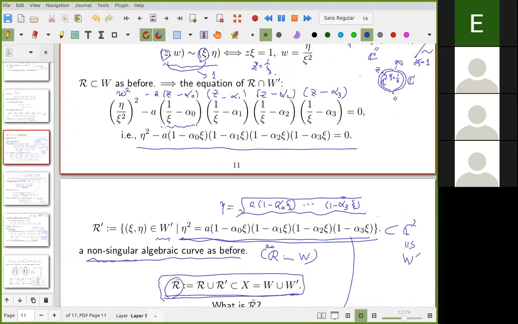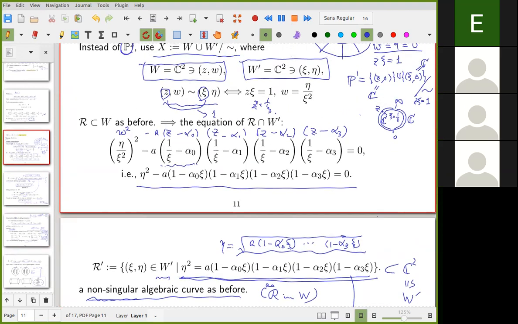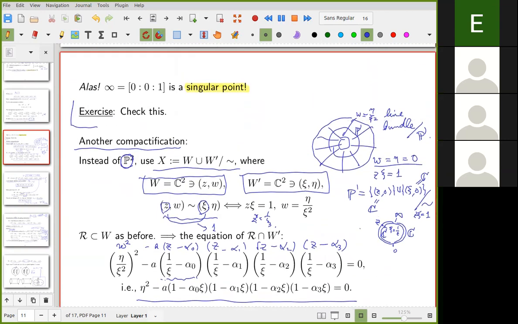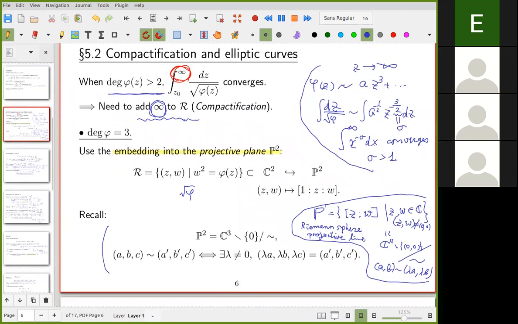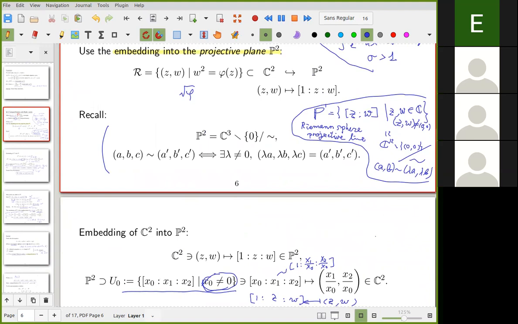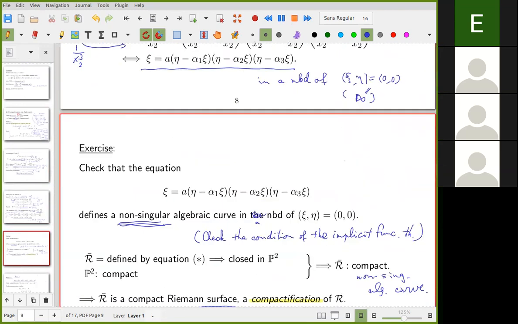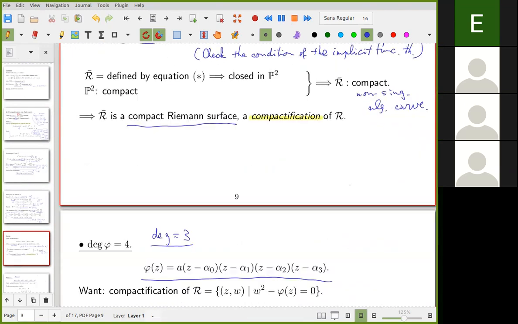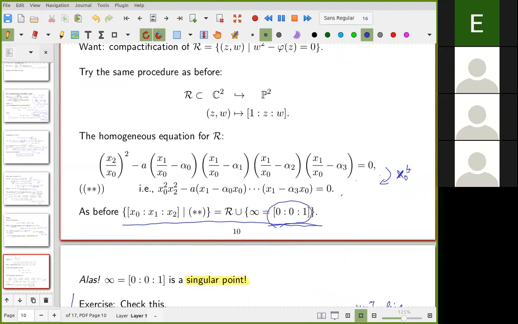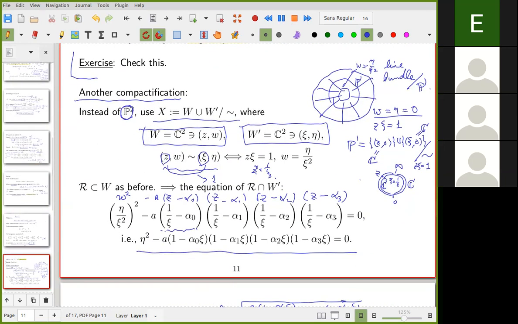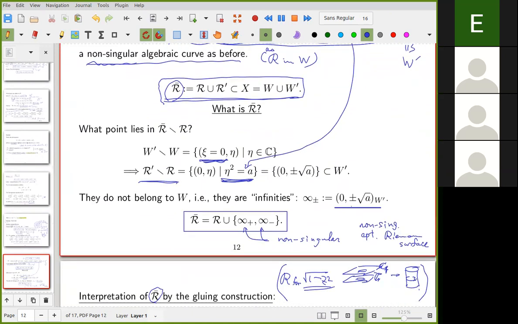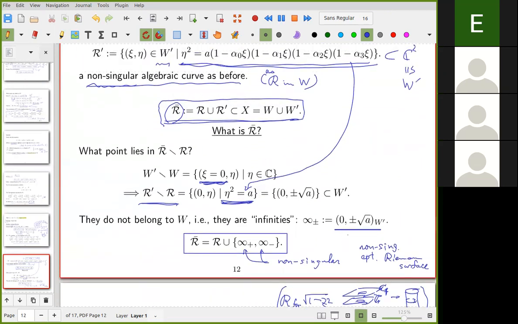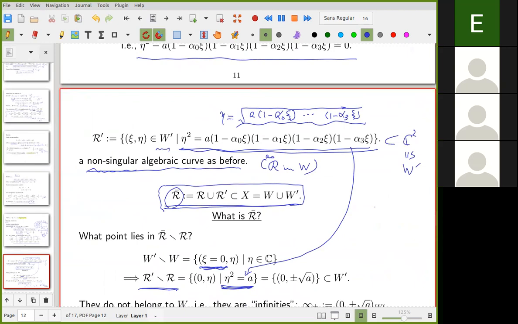and we can construct the isomorphism between the compactified Riemann surface which we obtain here in P2 and the compactified Riemann surface in this way.